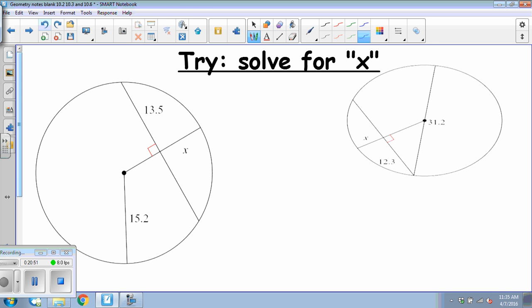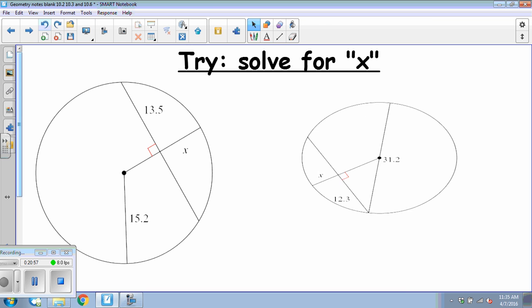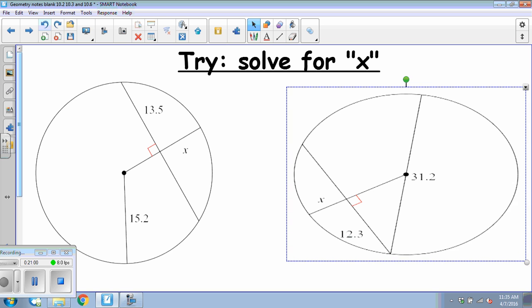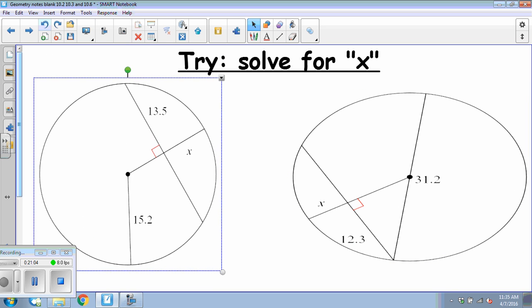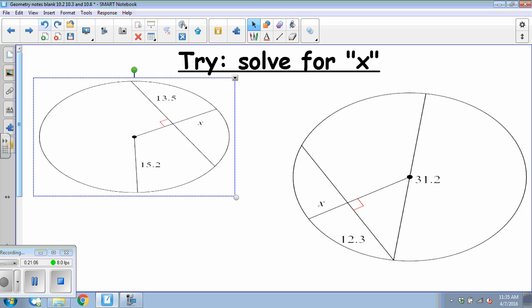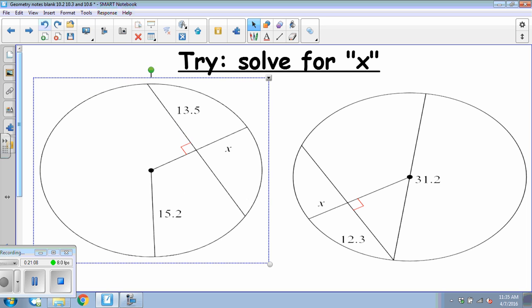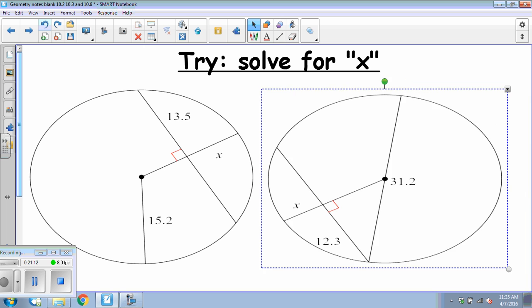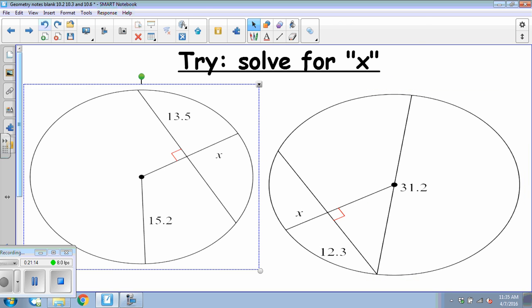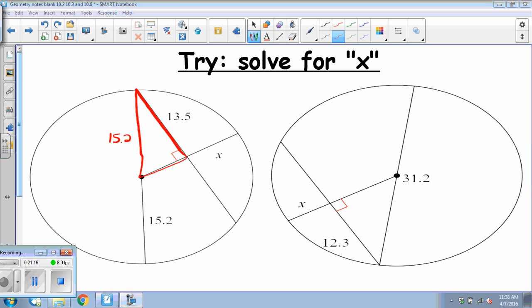Hang on, I'm going to make that figure on the right bigger. There are 2 different problems. If this is 15.2, that's your radius, right?